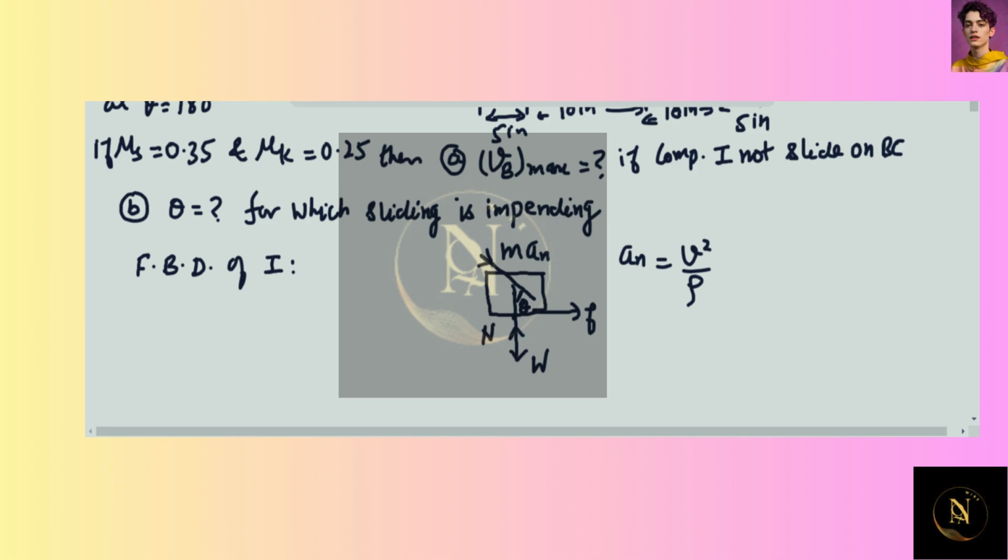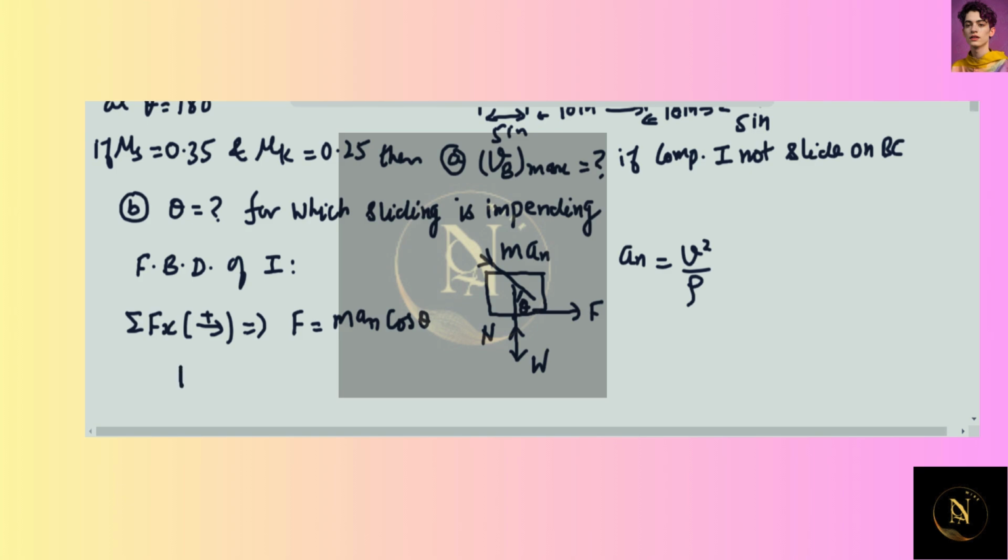Now taking summation of force along x direction, this is considered to be positive. So you may write F is equal to m a_n cos of theta.